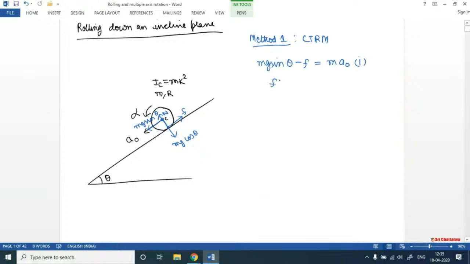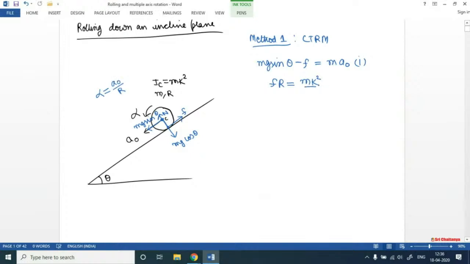So the torque here is f into r, and that would be equal to I alpha. And I here we will be writing as mk square. And since we have already been given that the friction is sufficient for pure rolling, the pure rolling condition is alpha is equal to a naught by r.